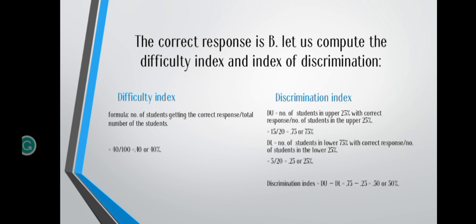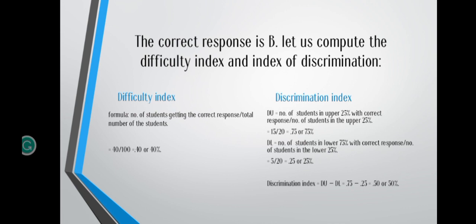Then, yun yung magiging DU mo. Tapos, kunin mo naman yung DL mo, yung dami ng estudyanteng nakakuha ng tamang sagot, i-divide mo doon sa dami ng estudyanteng sumagot. Hindi lang yung mga may tama ang sagot ang kukunin mo, kundi lahat.